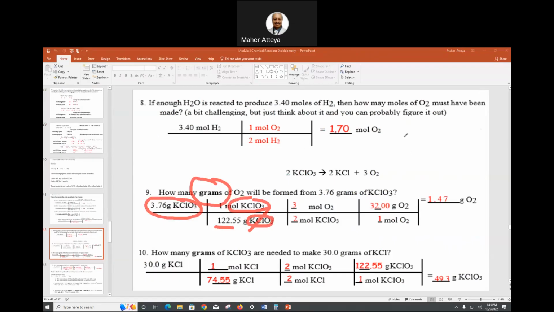When you do the molar mass, you have to do the sum of atomic masses of all the elements involved. So potassium is 23 gram per mole, of course 23.0. Chlorine is 35.5 gram per mole.